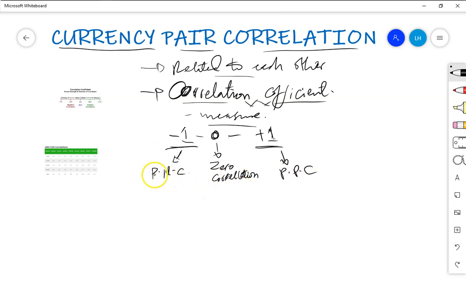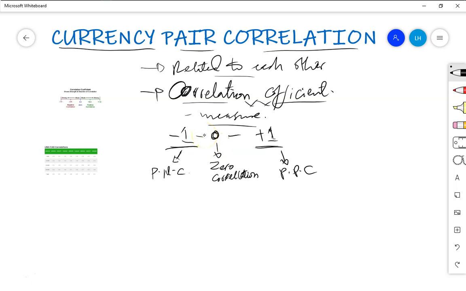Now from perfect negative correlation, measured at -1, toward 0, the strength of correlation decreases. If you have a negative 0.9, or 0.8, or 0.6, it means that as those values move toward 0, the strength of correlation decreases. So we will have different terms to describe the strength of correlation.